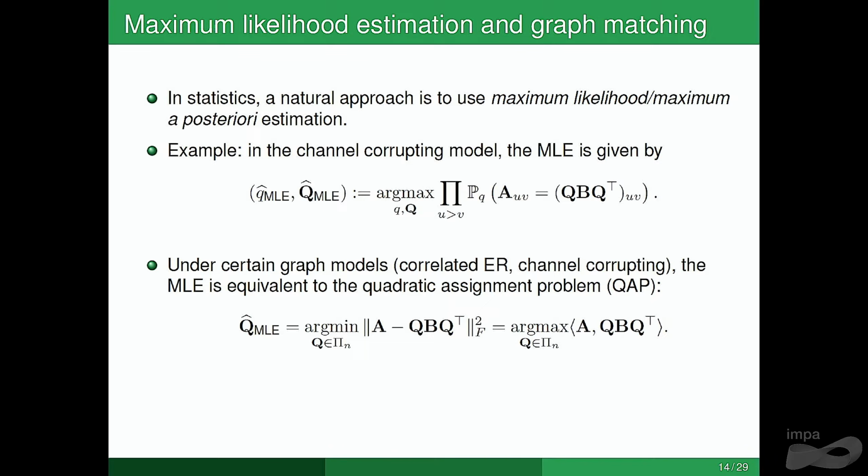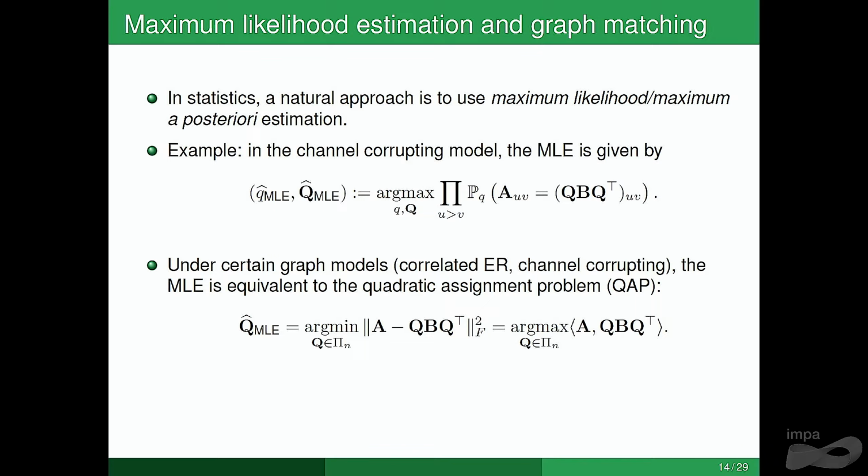In general, this result not only applies to the channel corrupted model, it also applies to the correlated ER model under maximum a posteriori estimation. If we put a prior with all permutations having exactly the same probability, we can show that the solution of this optimization problem also corresponds to this loss function.